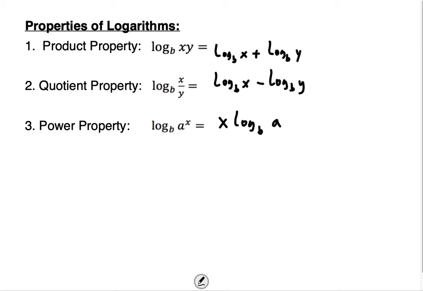And then the quotient property, it's together using division and it's separated using subtraction. The power property means that anytime you have an exponent inside the function, you can bring the x outside and just multiply it by the logarithm.